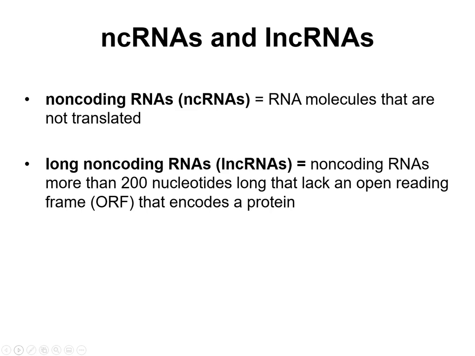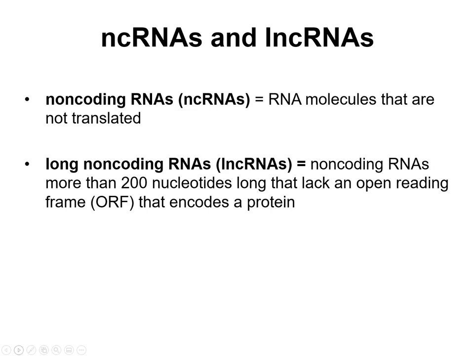So there are non-coding RNAs, which are RNA molecules that are not translated. So you make a transcript, there's RNA, but you don't take that RNA and make protein. The majority of the RNA that gets made is in this category. This is a big catch-all category.